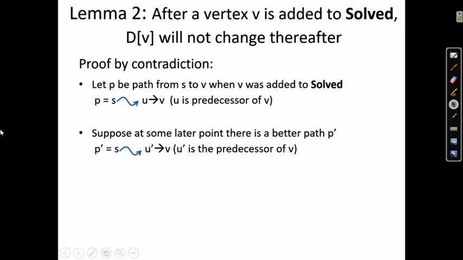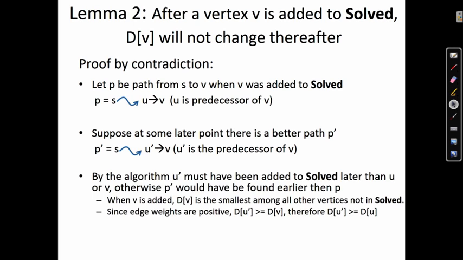Suppose this path is called P prime, and it looks like this: from source to some u prime, and then u prime has an edge to v. So u prime is now the predecessor of v. It is a different path. Now, by Dijkstra's algorithm, u prime must be added to solve later than u or v.